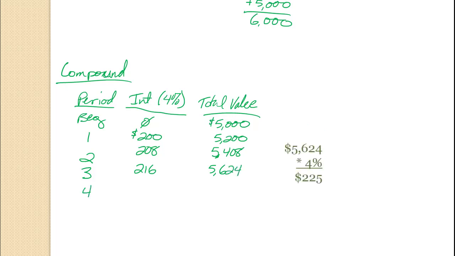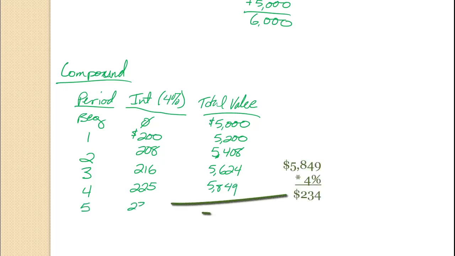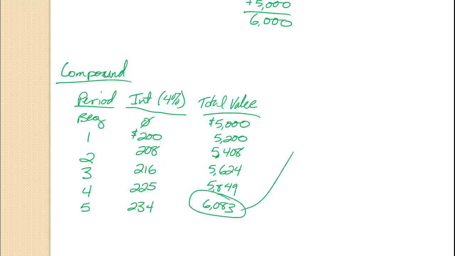Period 4, same process. And as we finish out here with year 5, 6,083.